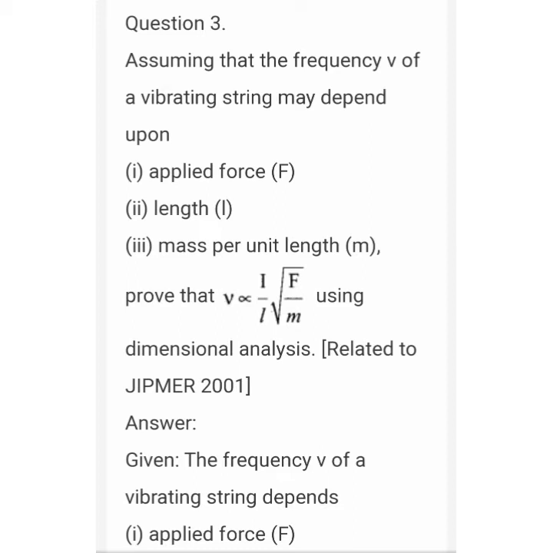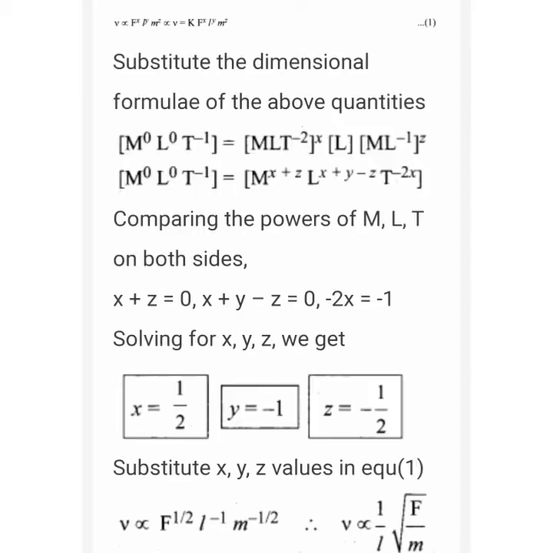Okay, so nu. What is the frequency? Nu takes the dimensional formula of T^-1. You remember it? If you don't remember, take your book and check. Force is M L T^-2. Length is L. Mass per unit length, that you should remember.